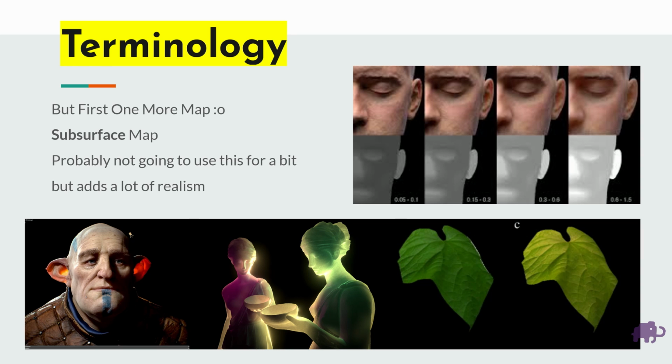Because what happens is light goes into your face, it penetrates the first layer, it kind of goes into the muscle a little bit, and there's veins and multiple layers of skin, all kinds of stuff, and it reflects back a bit of a different color, and it lights up some areas of your face in a way. You can really notice it on leaves when you look through a leaf that is facing the direction of light.